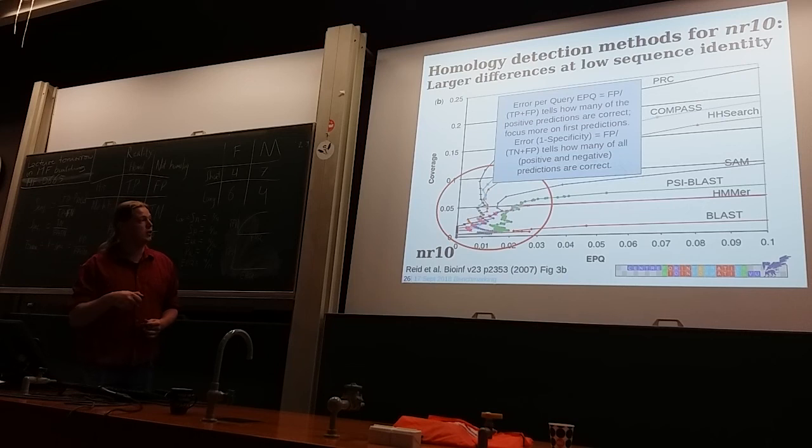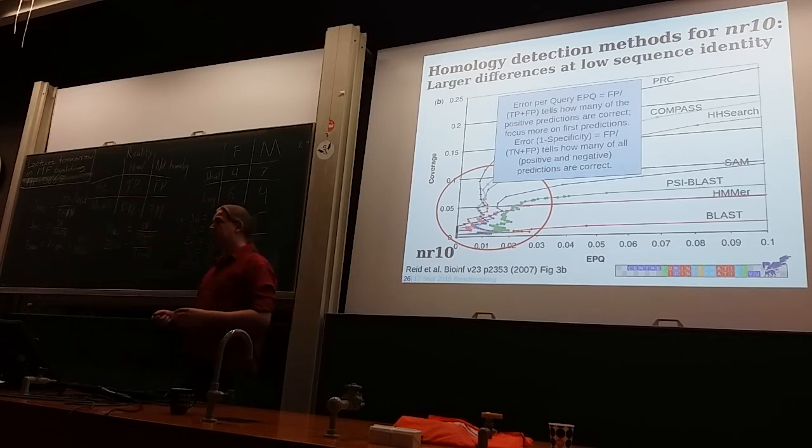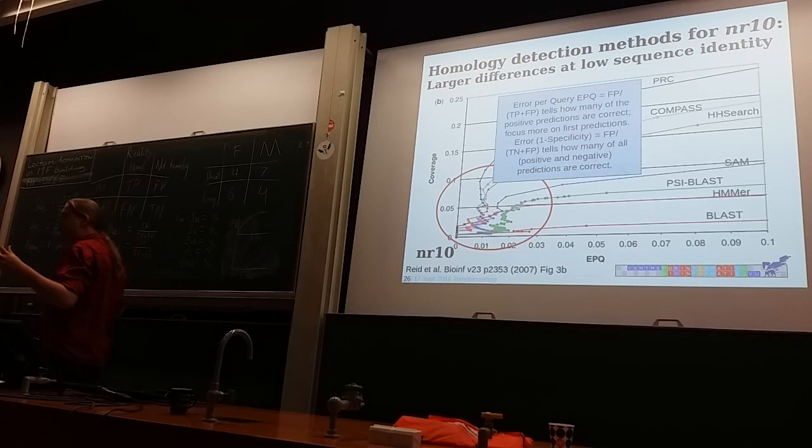And this is because these are really, really difficult predictions to make. For NR10, looking for the most remote set of homologs that you can think of with these methods, it is really difficult to get reliable performance when you make tiny little changes to your threshold.